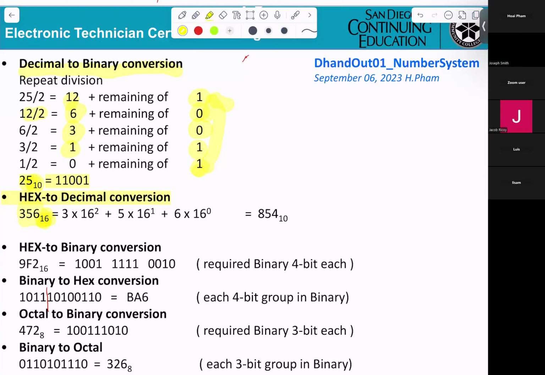The first thing you take 3 times 16 to the power of 2, the 3 right here, it is the second digit, and you add 5 times 16 to the power of 1, and you add 6 times 16 to the power of 0. That gives you this number. Okay, not a big deal.